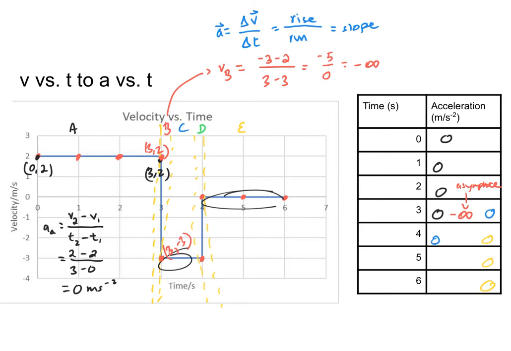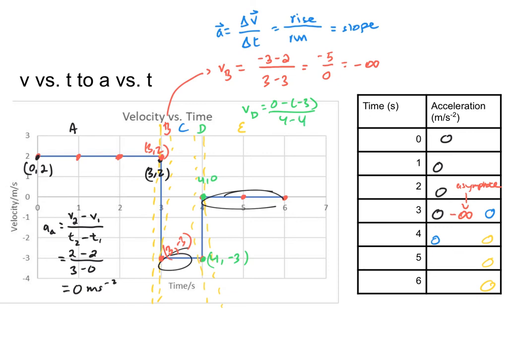At 4, so section D, I am going to start at 4, -3, and I'm going to end at 4, 0. So my acceleration at D is going to be 0 minus -3 over 4 minus 4.